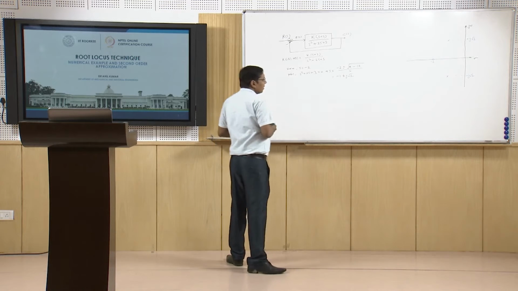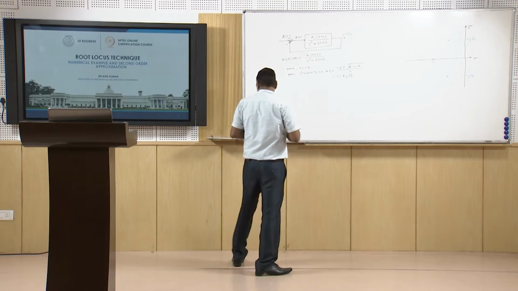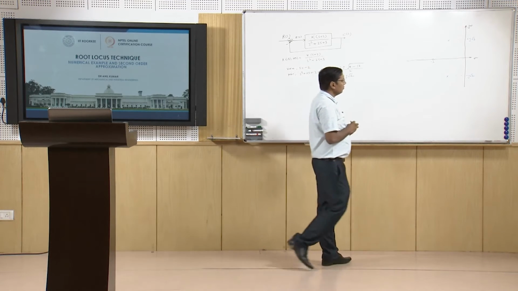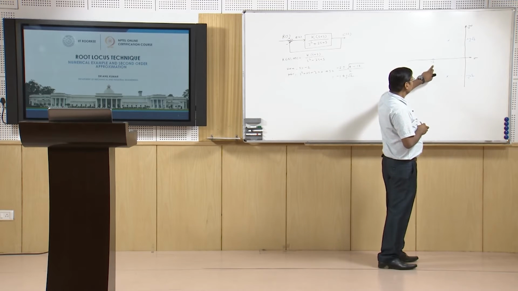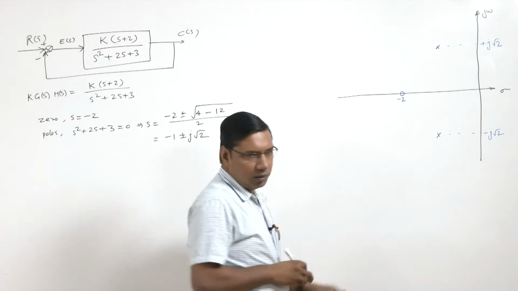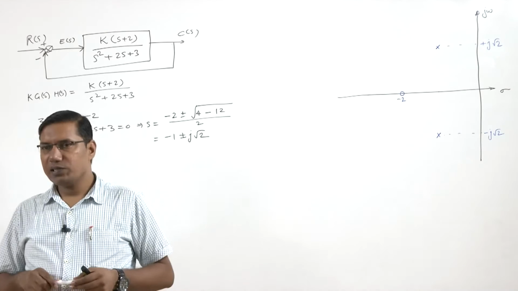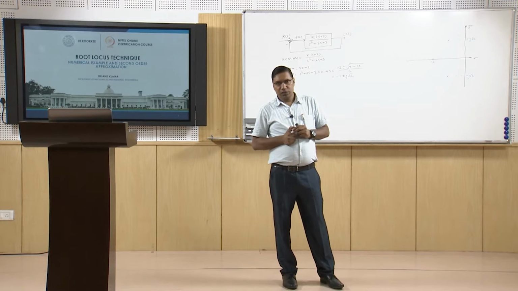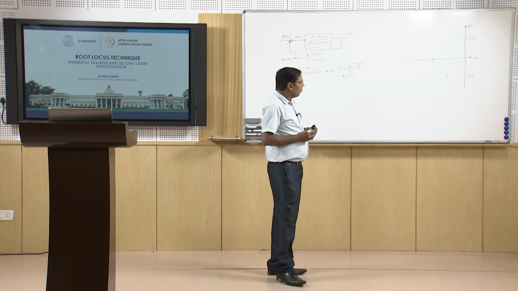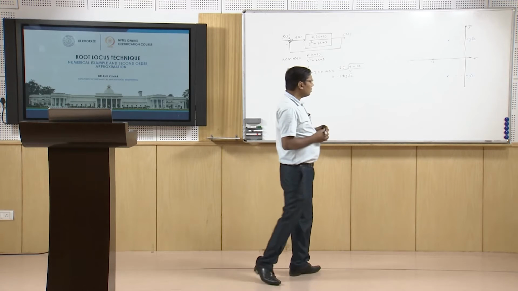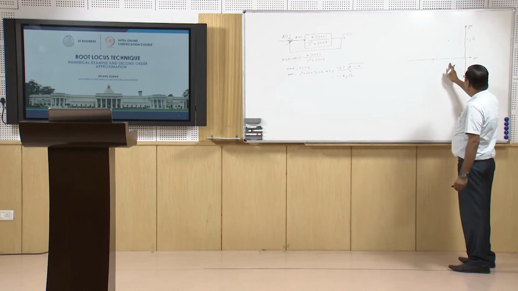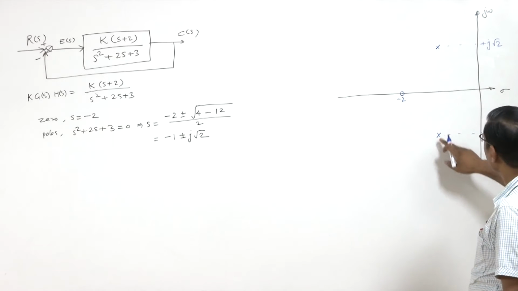Now we know that the root locus on the real axis will exist to the left of an odd number of poles and zeros. So it can't exist here because here we have these 2 poles.